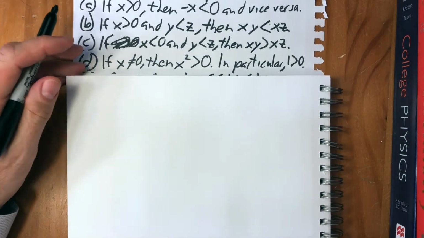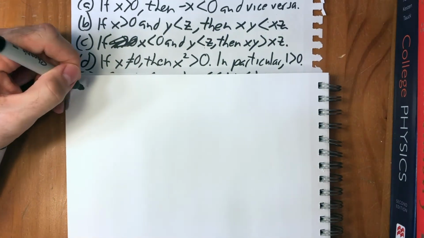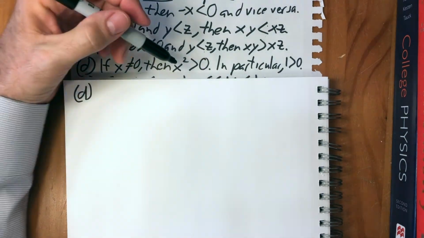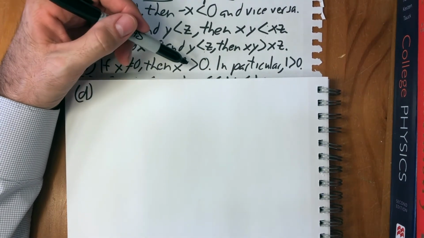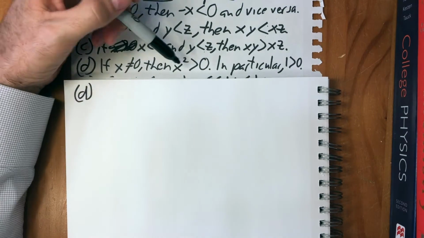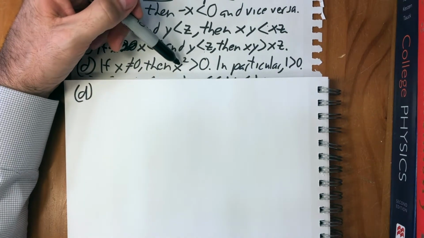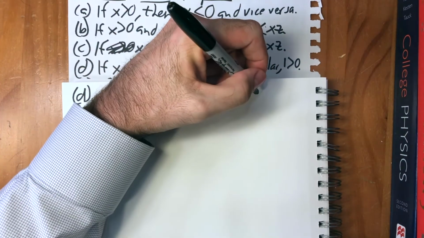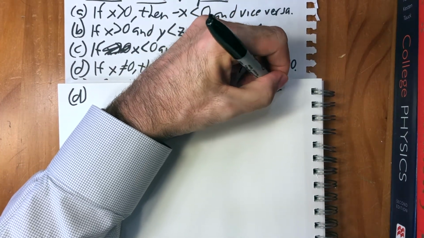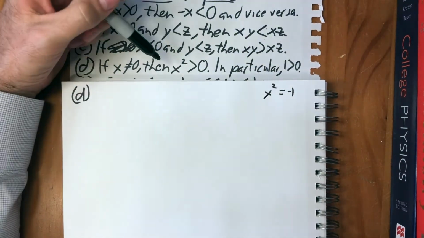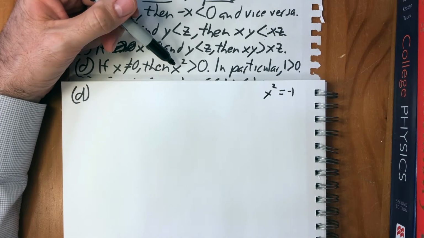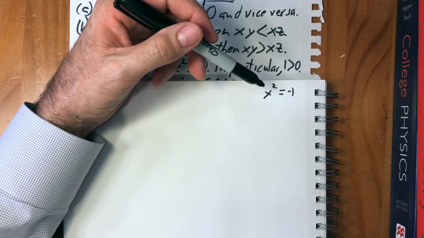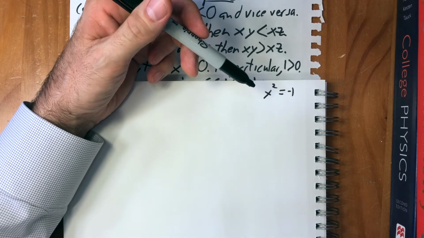Okay, now D says that whenever you square something, all squares are positive, which, by the way, is going to lead to complex numbers, right? Because we immediately get another problem. What if the problem says that x squared equals minus 1? We just said that for an ordered field, x squared can't be minus 1. So never mind what I said earlier about it being hard to put an order on it.